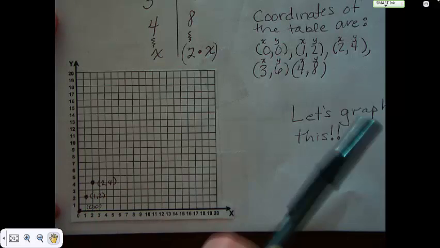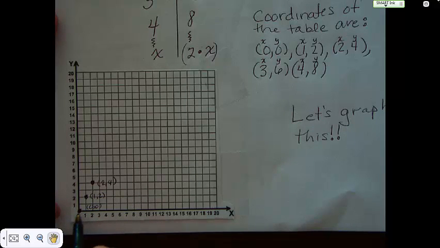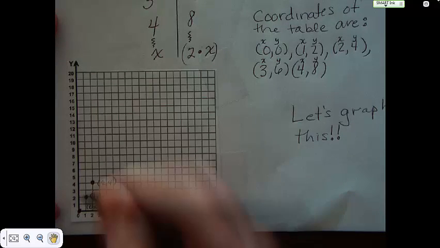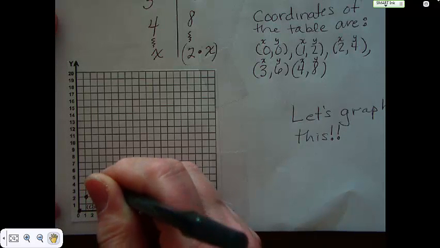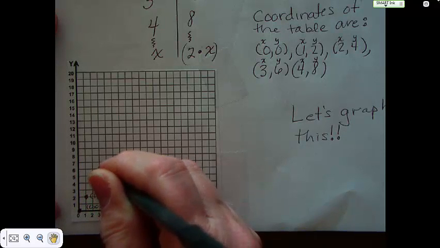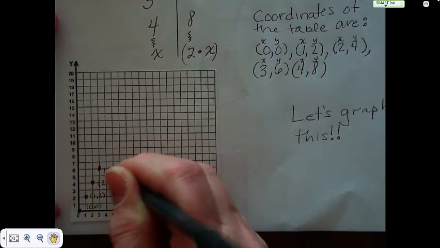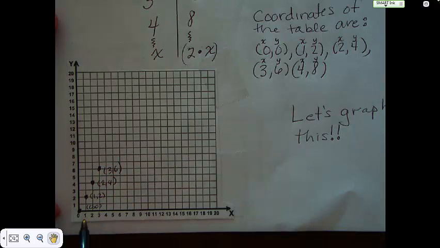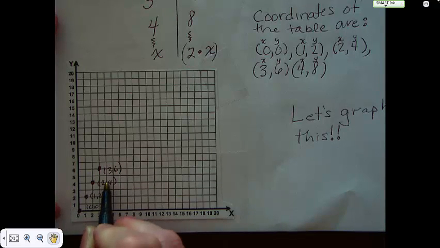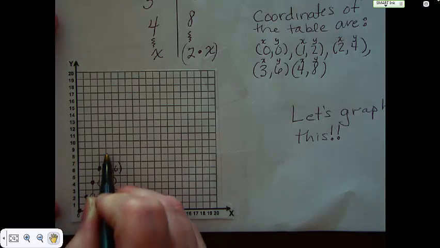I like to label your points so you're sure what you're doing. 3, comma 6, and 4, comma 8. So we go over to 4, 1, 2, 3, 4, 5, 6, 7, 8.